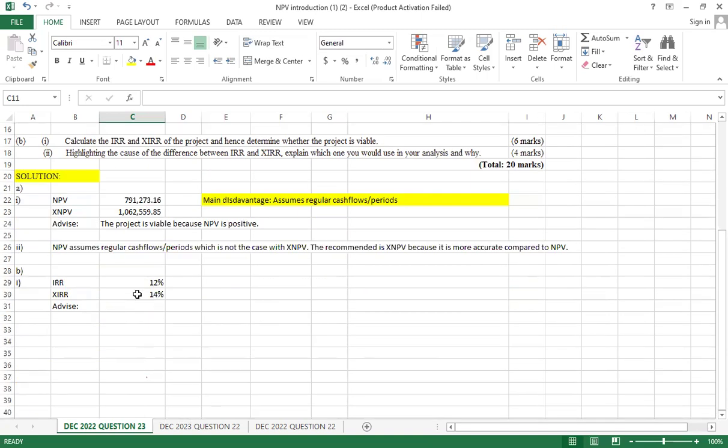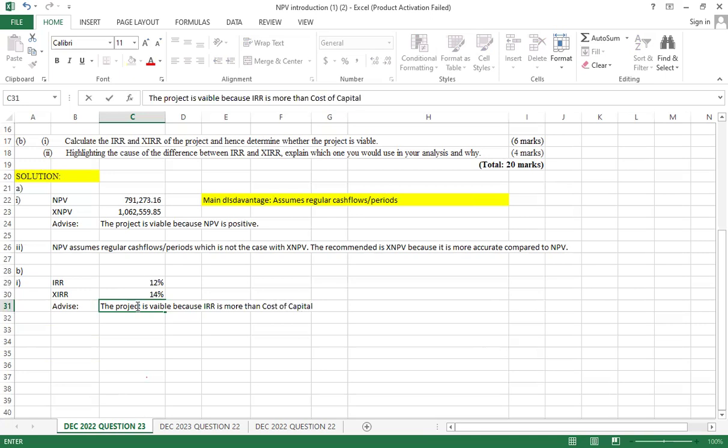So because the internal rate of return is more, then the project is viable because the internal rate of return is more than the cost of capital, which is the discount rate.